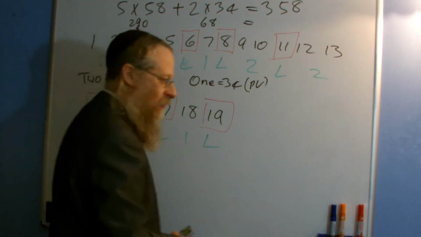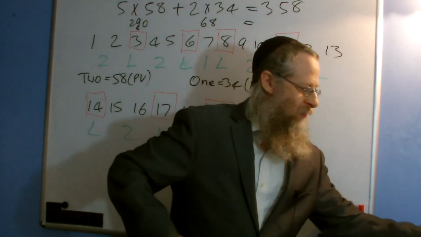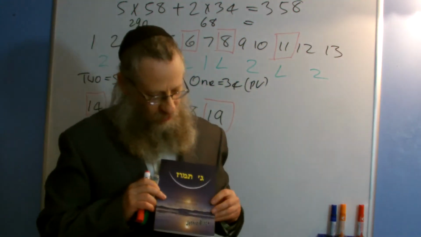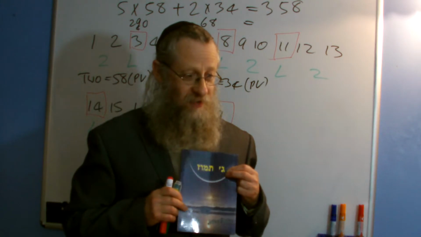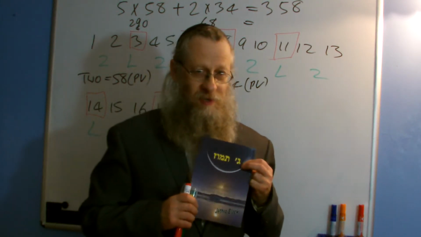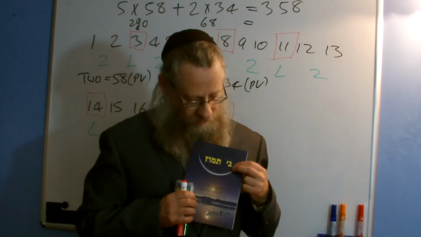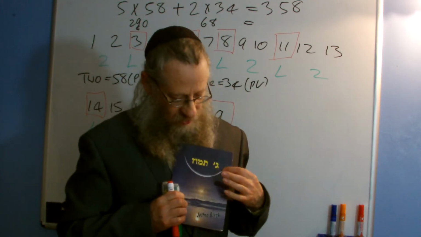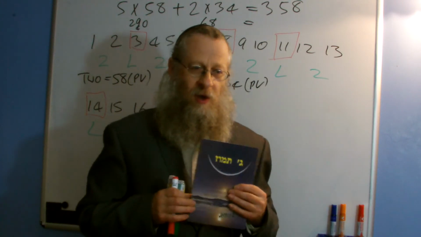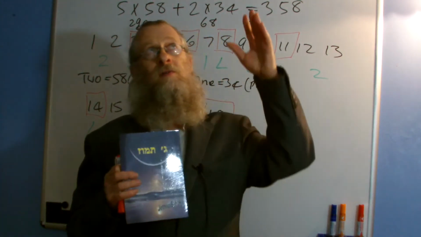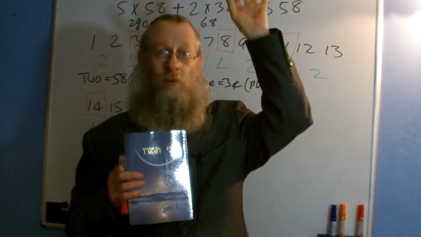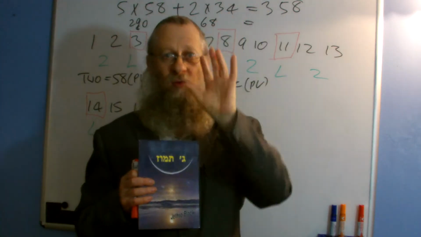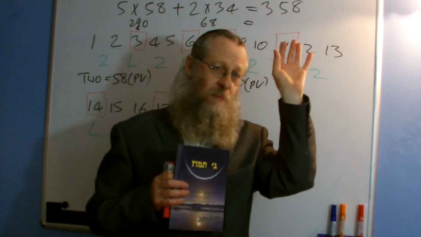If you want to know a little bit more about all these, there's a book that I wrote called Gimel Tammuz. Gimel Tammuz is the third of the month of Tammuz. The month of Tammuz is one of the Jewish months on the lunar calendar, and it was the day in which Joshua asked God to still the sun and the moon, so they wouldn't move in the sky.